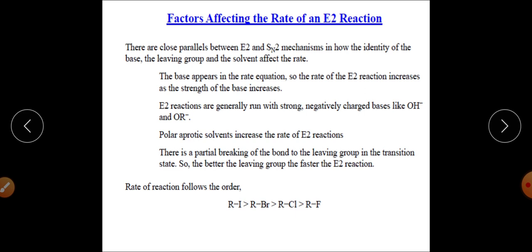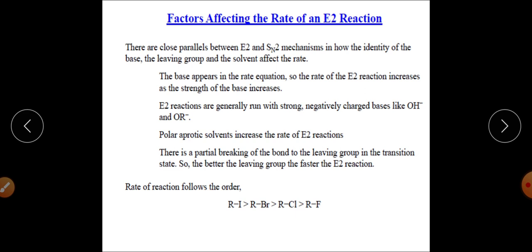So when we talk about the base, in case of the E2 reaction, the rate of this reaction depends on the concentration of the substrate and the concentration of the base.